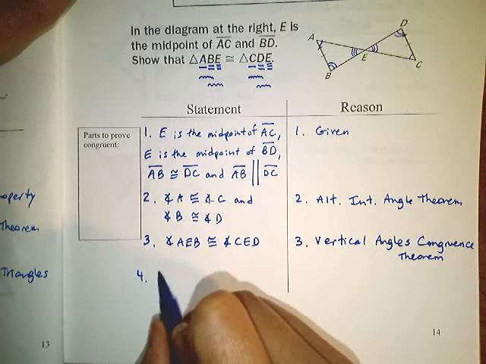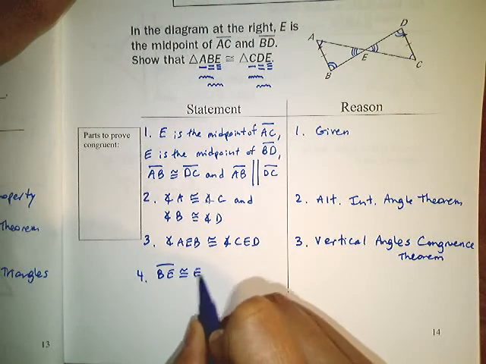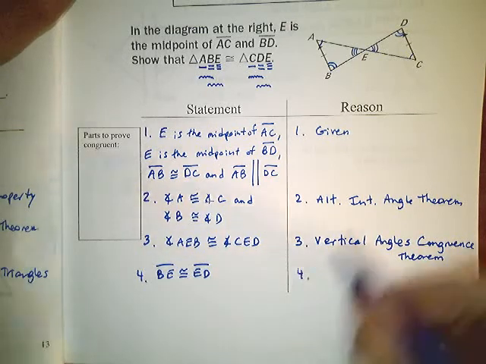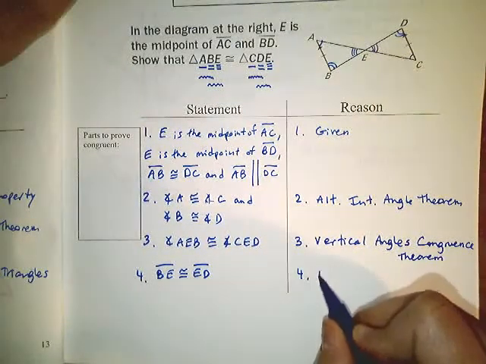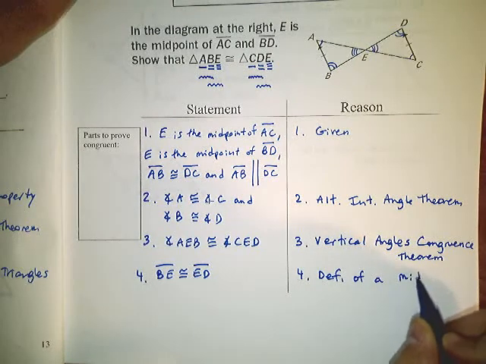So I can make the statement that BE is indeed congruent to ED because E is the midpoint, because of the definition of a midpoint.